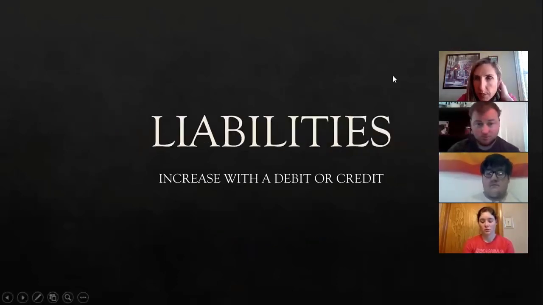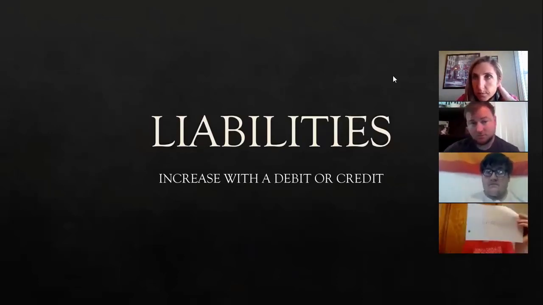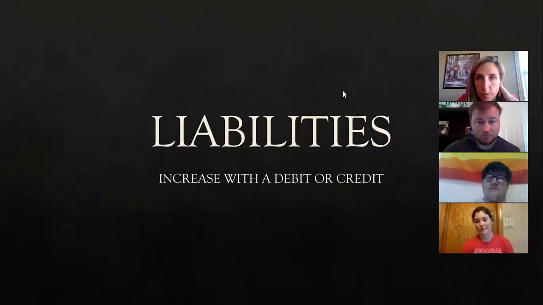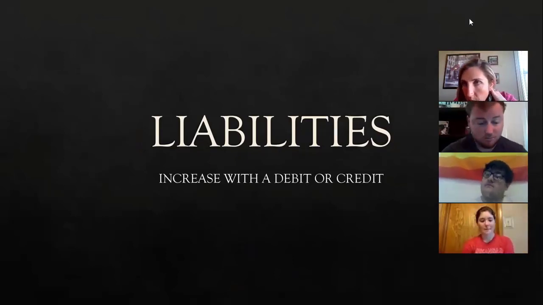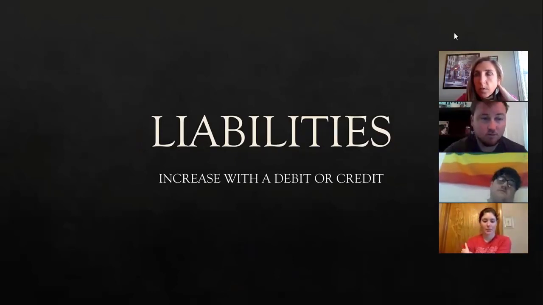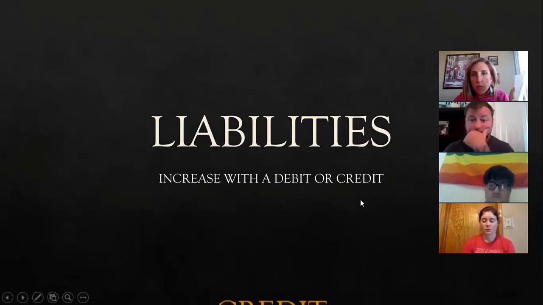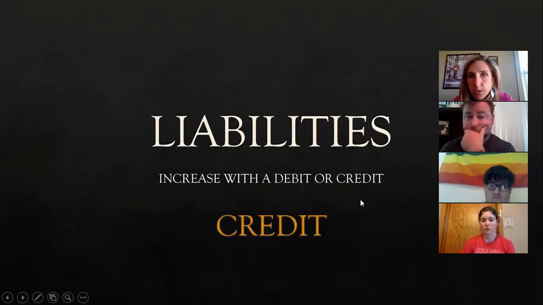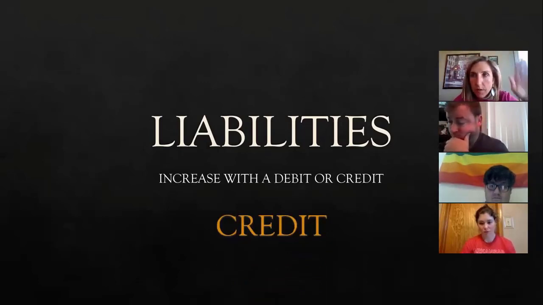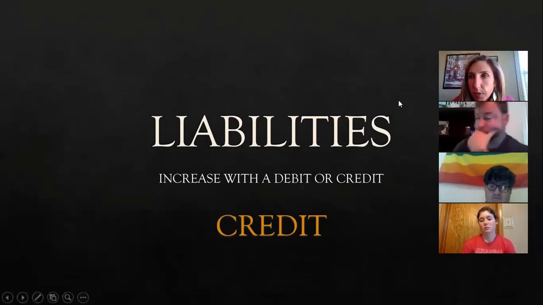Do they increase with debits or credits? Good. I'm seeing most of you saying this one, credit is the correct answer. Remember, assets on the left, if I had my whiteboard, well, I'll use it later. On the left, increase with debits, but liabilities on the right increase with credits.